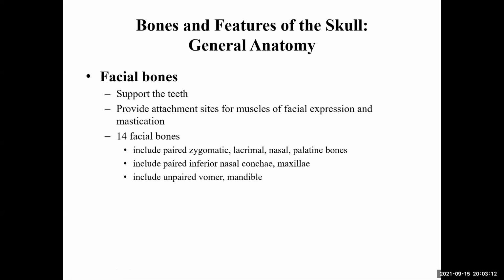Obviously the facial bones, as we talked about briefly when we were talking about muscle tissue, have attachment sites for muscle tissue. The facial bones provide attachment sites for two types of muscles: muscles of facial expression and muscles that you use to chew food with.